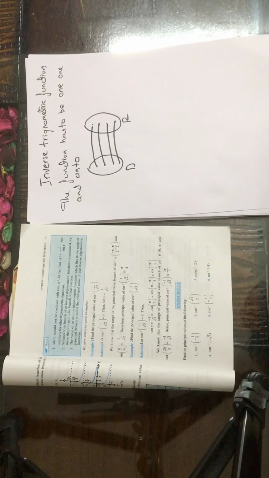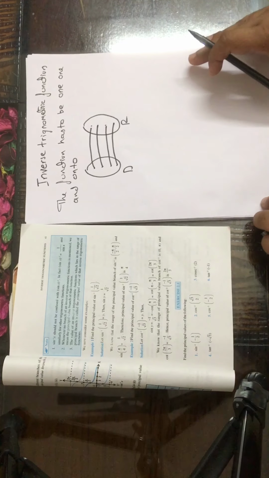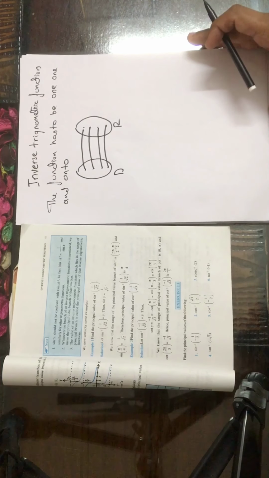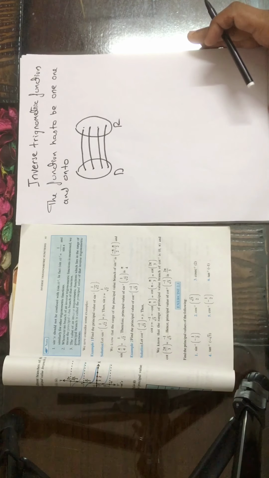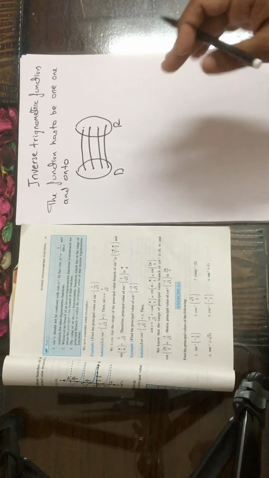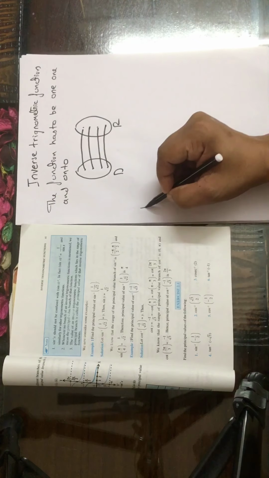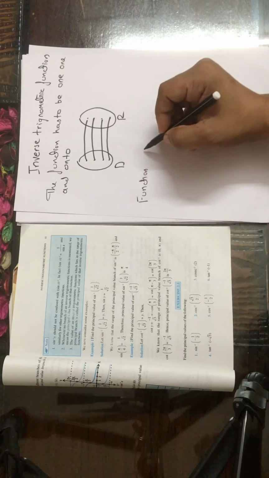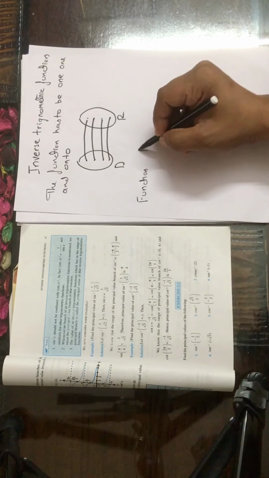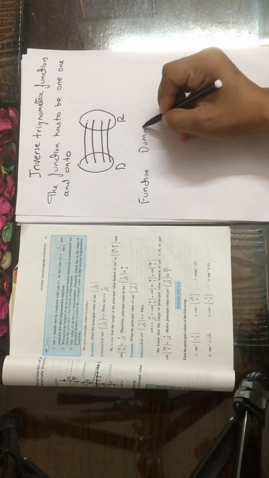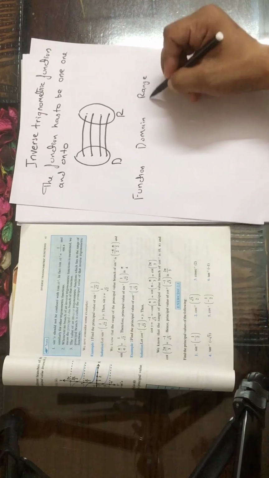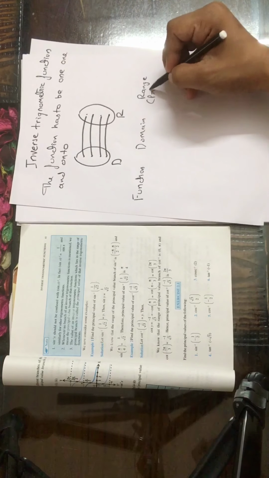Apart from this, you should also know the chart which is responsible for these trigonometric functions. The chart deals with domain, range and function. So let's make a chart. This one is the function, this is the chart for domain, and this is for range. You can also say principal values.